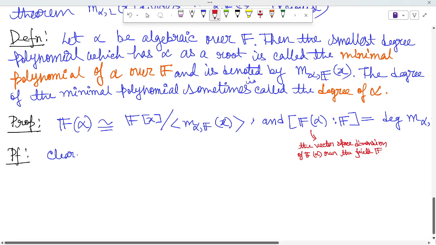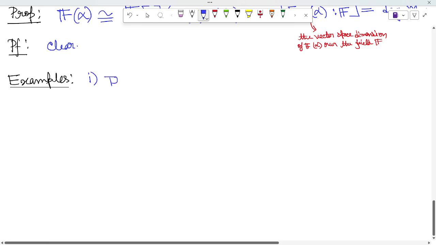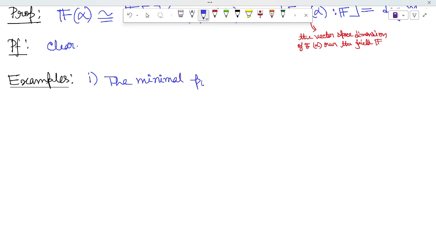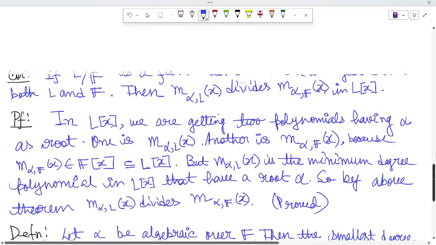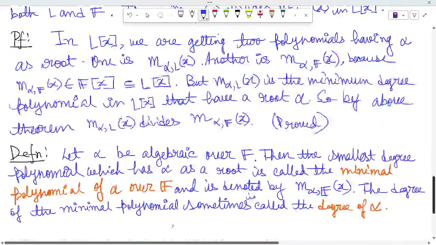Again, some examples. I also already gave some examples of algebraic or non-algebraic.